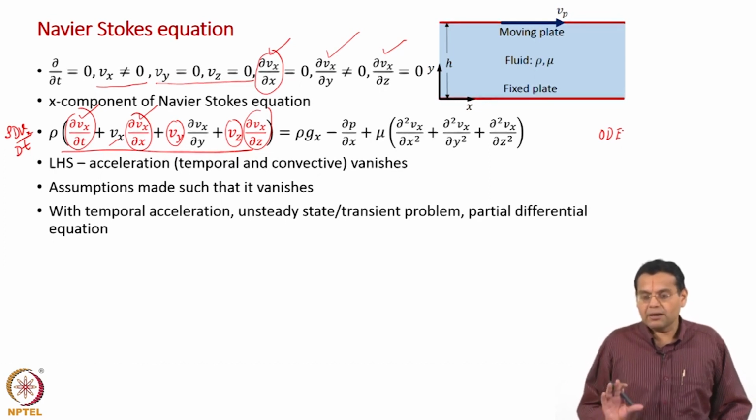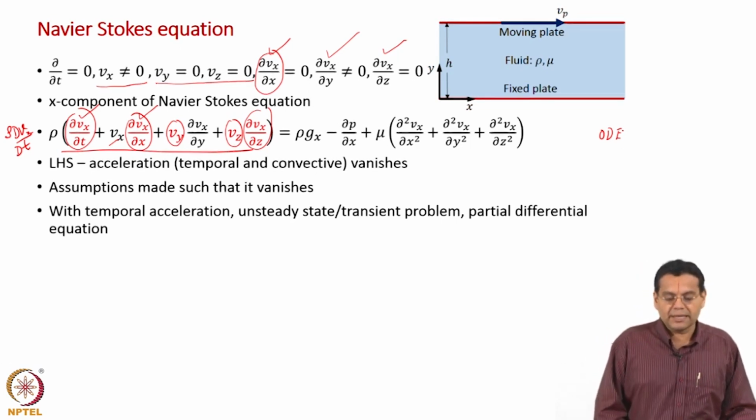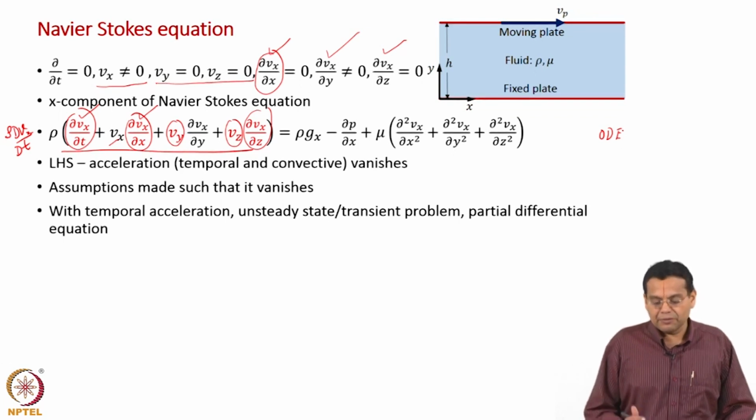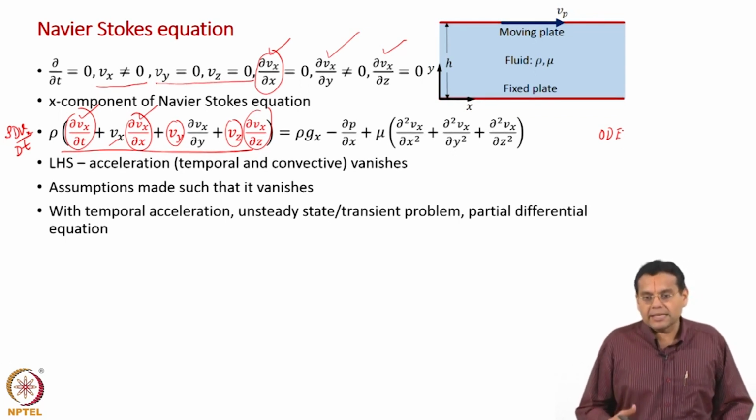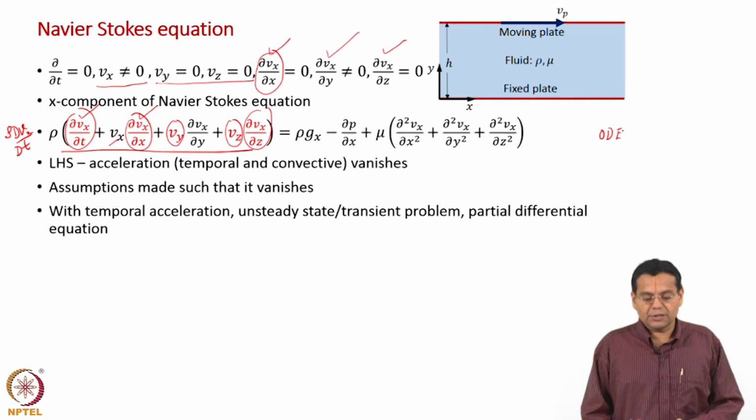Suppose we had not assumed steady state, then we would have the time derivative also, and we would have an unsteady state or transient problem, and we would have to solve a partial differential equation. We want to avoid that. Keeping in mind the scope of the course, we want to study cases where the equation simplifies to an ordinary differential equation. That is why we assumed steady state.